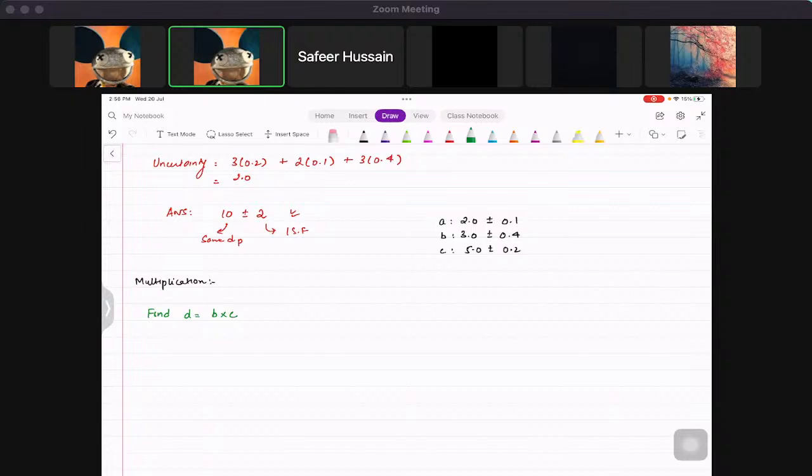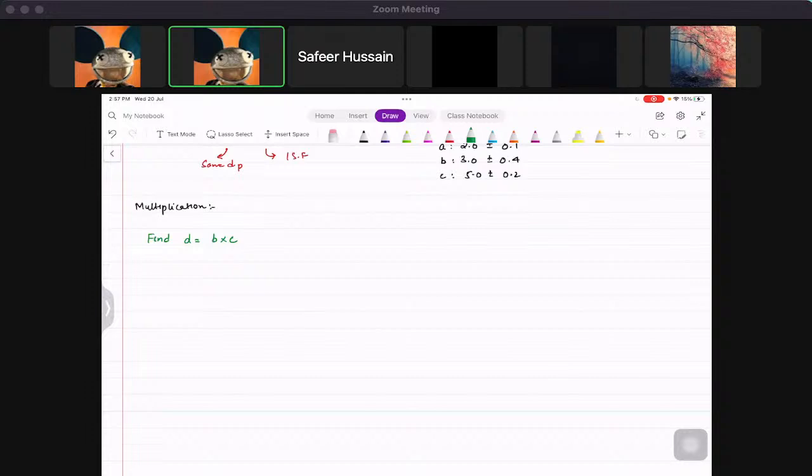Now the mean value of D would be B was 3, C was 5, so we got 15.0 like that. Now in multiplication, to find uncertainty, you can't just simply add it.